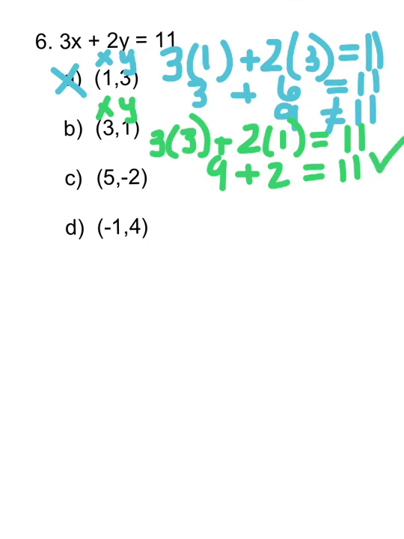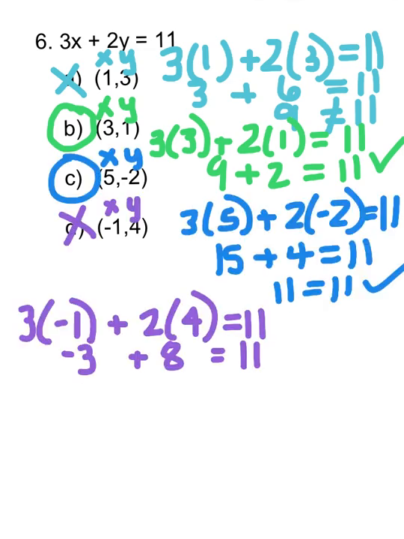Aha, we have a match. If it's a match, then it is a solution. That is a point on that line. Try C and D for yourselves. Please pause the video. Please check over your work. And the lesson is yours.